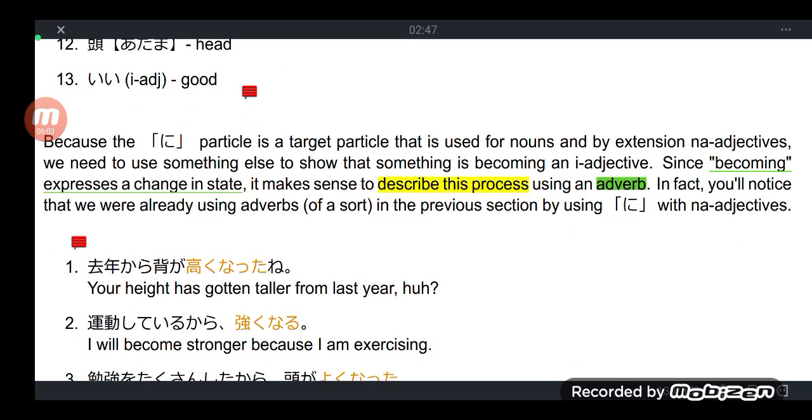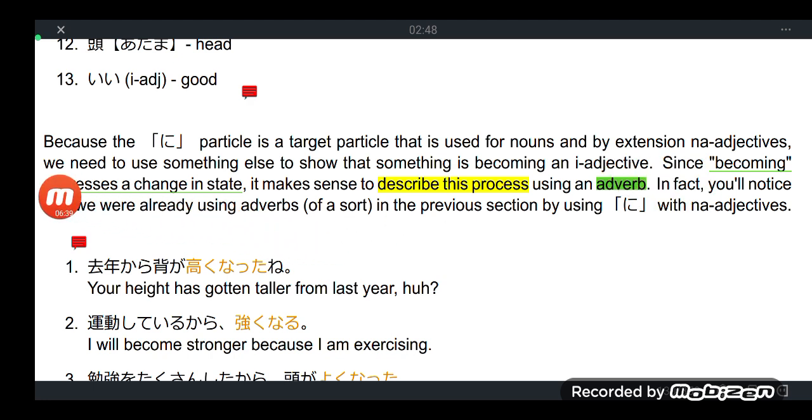Okay, well, you might be confused if you try to digest the first sentence here, because what I would like you to know, minasan, is how naru goes with an I adjective. But you can also read here, because the ni particle is a target particle that is used for nouns and by extension na adjectives.